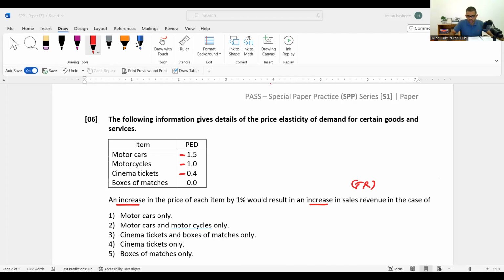So we know that both cinema tickets and basically matchboxes are inelastic. Okay, matchboxes are perfectly inelastic. Both are inelastic.